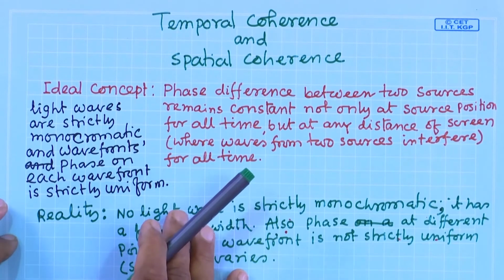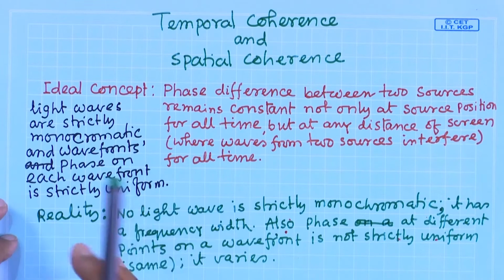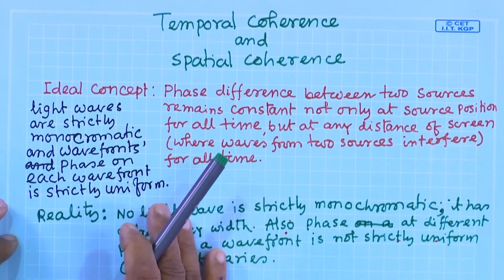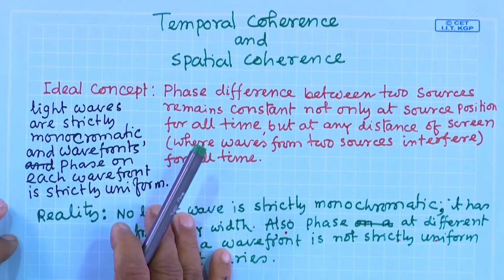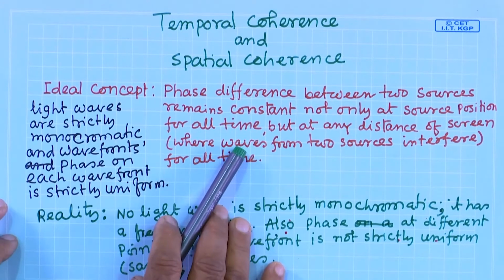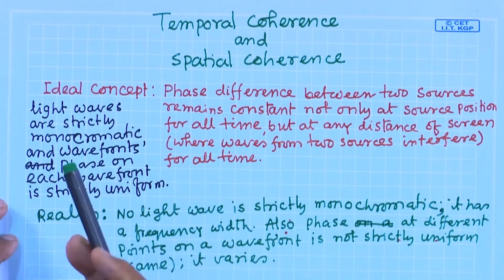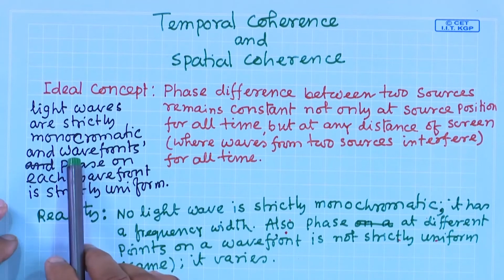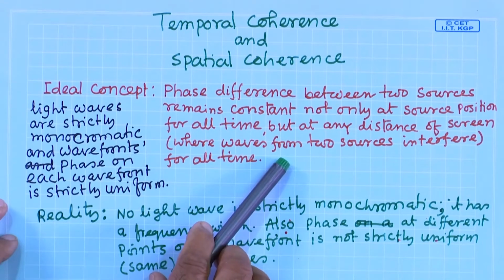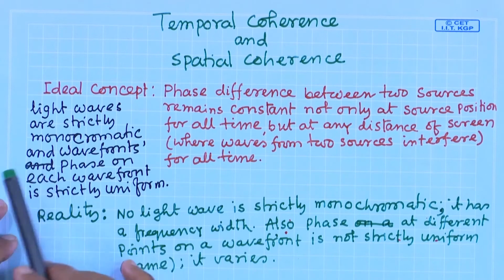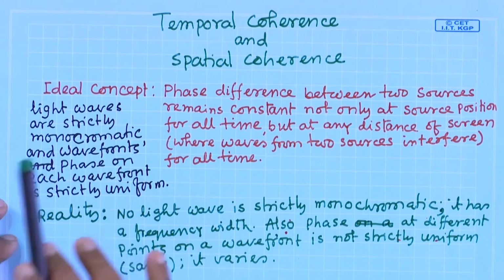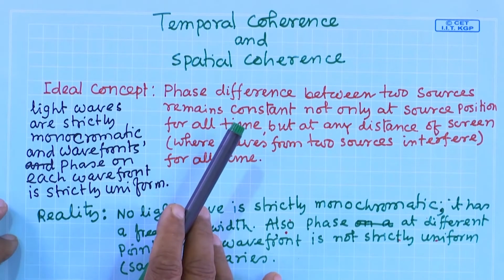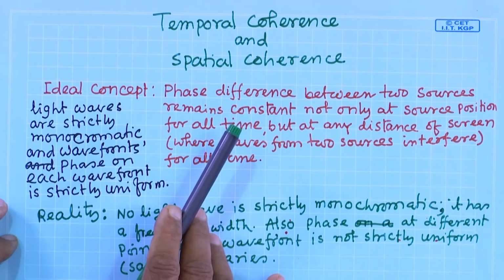And for interference we need monochromatic light, meaning a particular wavelength. One wavelength will not interfere with another wavelength, because as you were told, interference is only possible with the same frequency and wavelength.